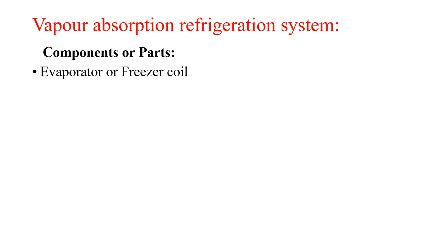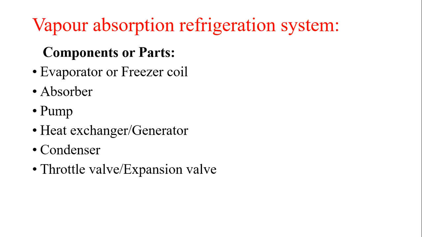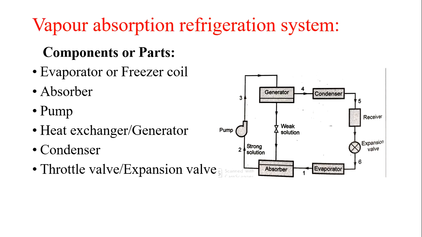The important parts of this system are evaporator or freezer coil, absorber, pump, heat exchanger or generator, condenser, throttle valve or expansion valve. Figure shows all these components of the system: evaporator, absorber, pump, generator, condenser and expansion valve.